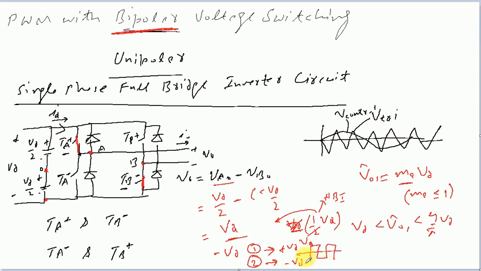From plus Vd it jumps to minus Vd, and from minus Vd it jumps to plus Vd, and that is the reason this type of PWM voltage switching scheme is termed a bipolar voltage switching scheme.